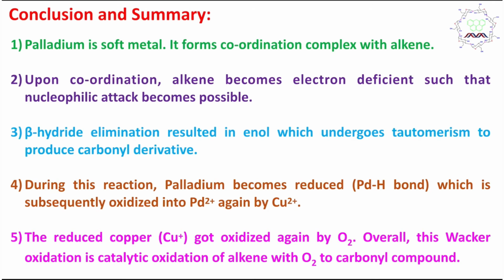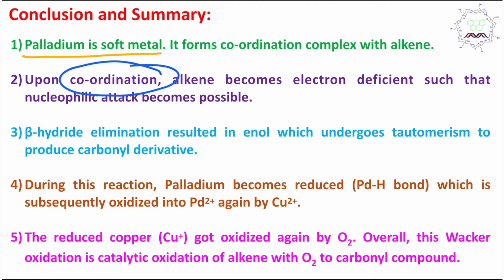Okay, so in conclusion, what you have learned today is that palladium is actually a soft metal, that's why it forms a coordinate complex with alkene. Point number 1. Upon coordination, and obviously it is also a kind of electron donation from the alkene's pi bond to palladium, this alkene becomes electron deficient.